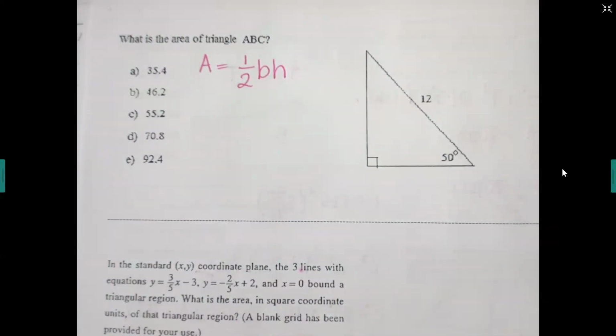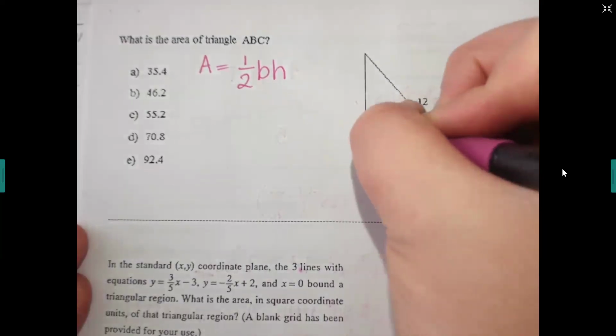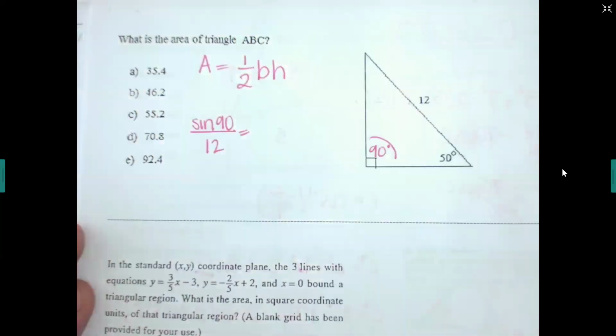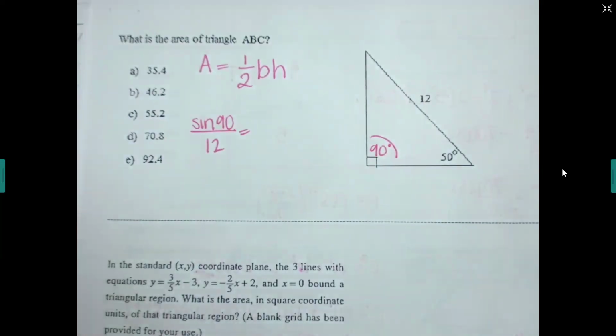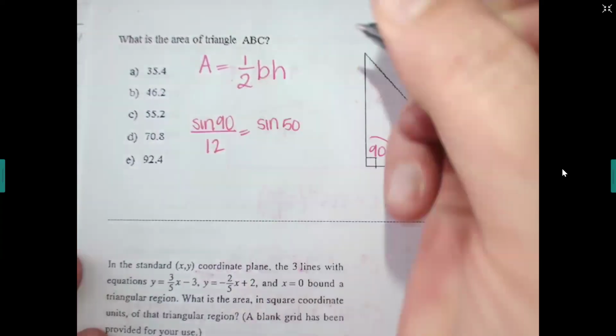Now, first question, can I start off with law of sines which partners do I have already? The 90 and the 12. So let's go ahead and find sine 90 over 12 equals, and then sine 50 over the side across from the 50.